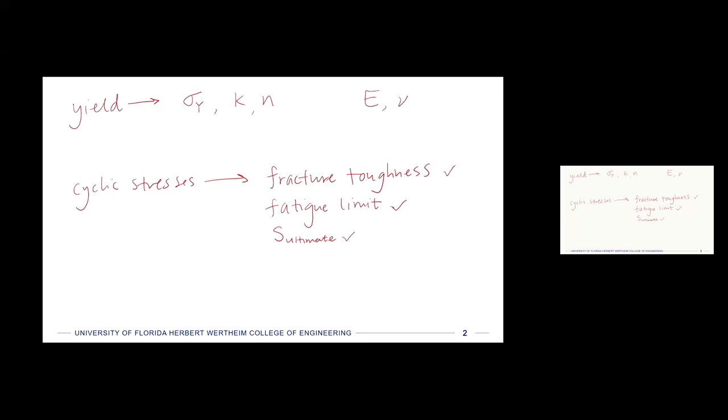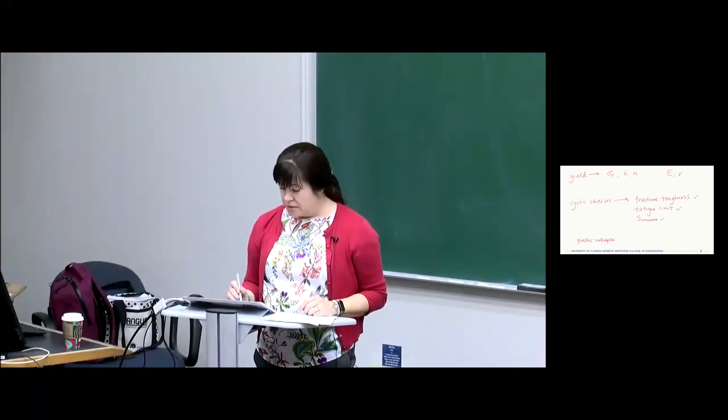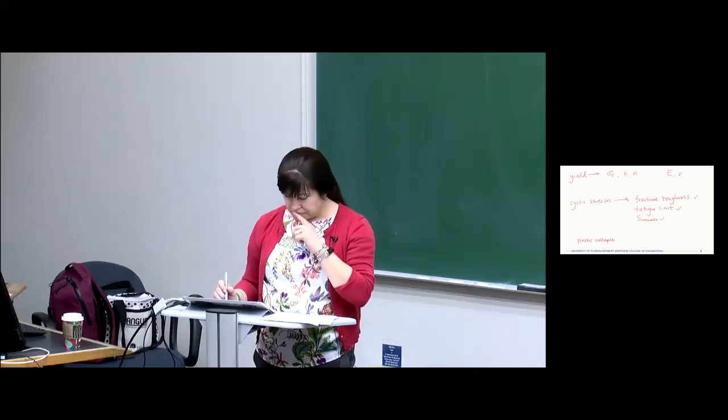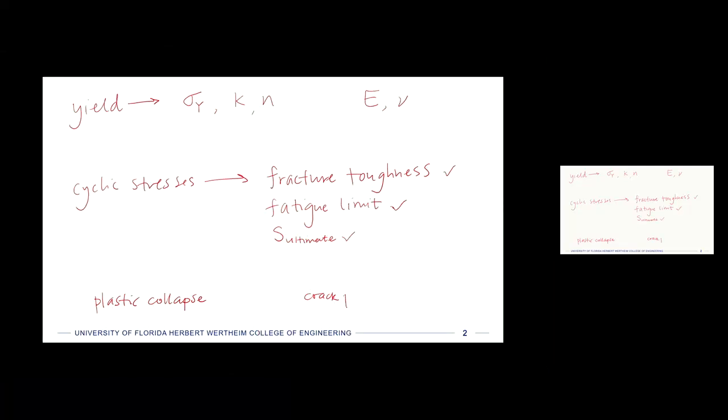Right? We talked briefly about plastic collapse. Right? So not just a local part of the component will fail, but through the thickness, the whole thing collapses in some sense. And then when we talk about fatigue failures, we can have crack propagation to failure, right?